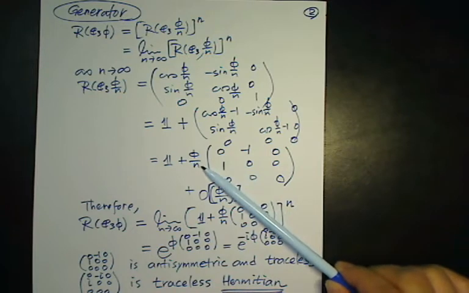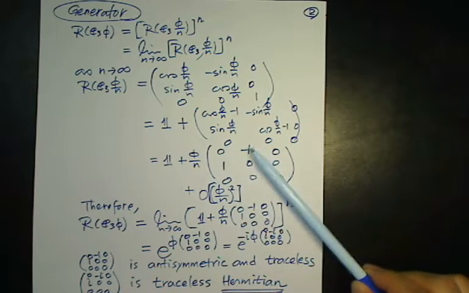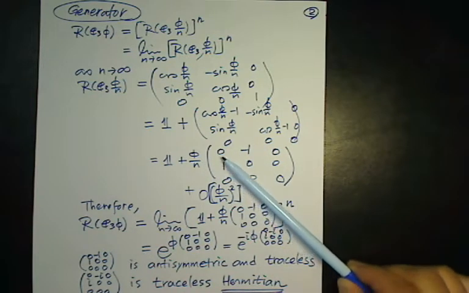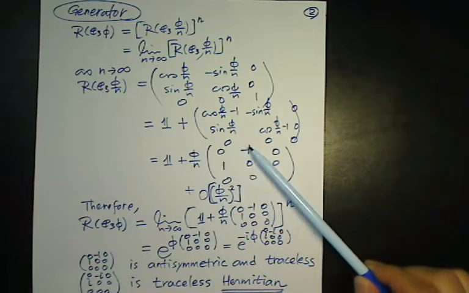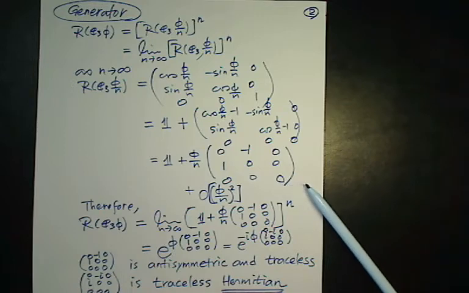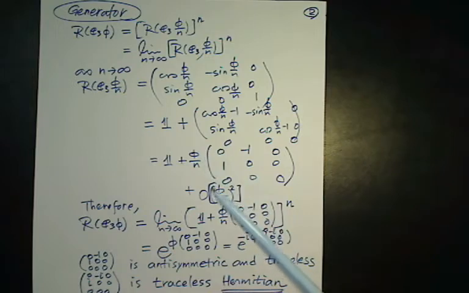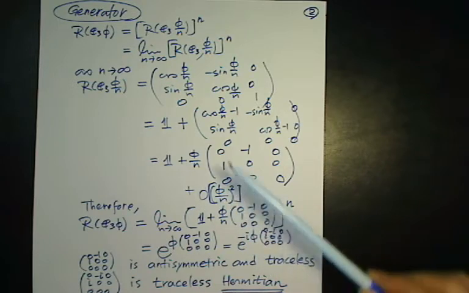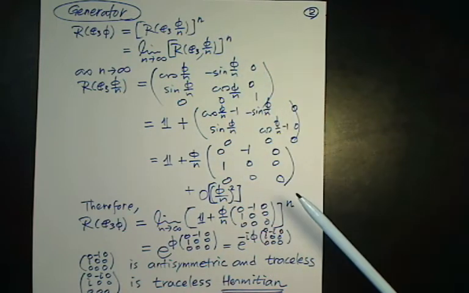The leading contribution is anti-symmetric, and except for these two contributions, everything is vanishing. As we remember, higher order pieces, order phi over n squared or higher, do not contribute at all as n goes to infinity.